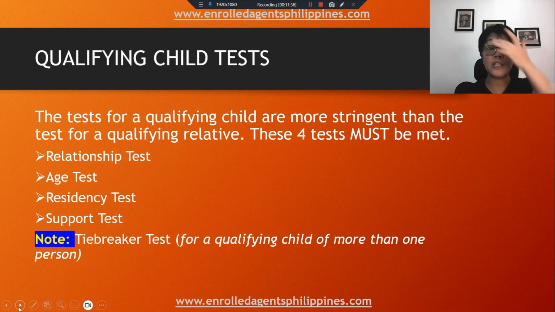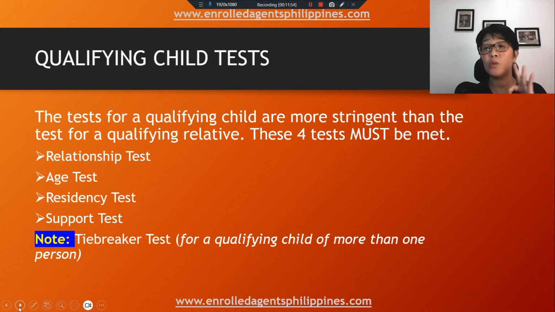Okay, so again, there are two types of dependents. So, number one, qualifying child muna tayo. Okay? The test for qualifying child are more stringent, ibig sabihin, mas mahigpit, than the test for a qualifying relative. These four tests must be met.